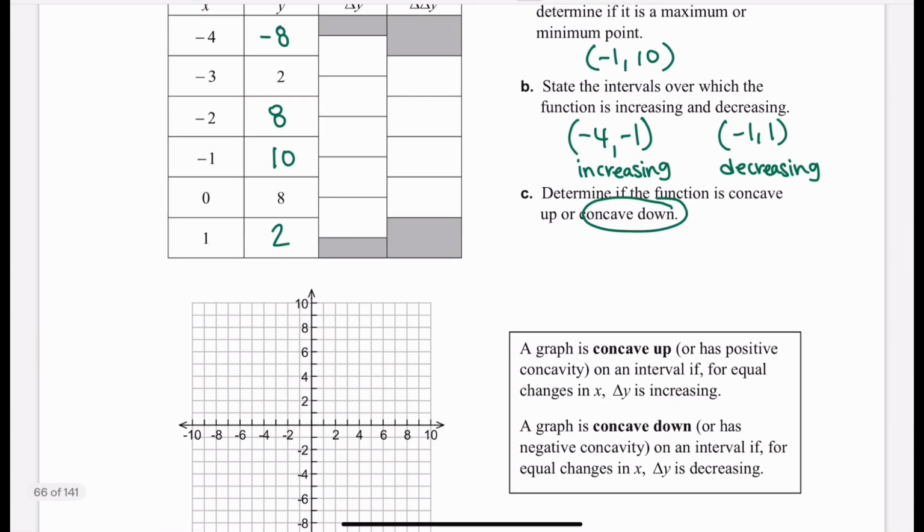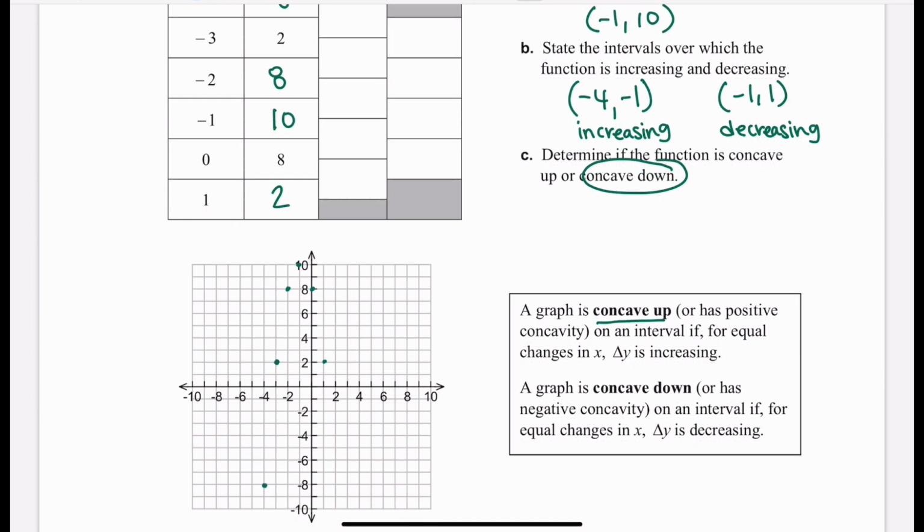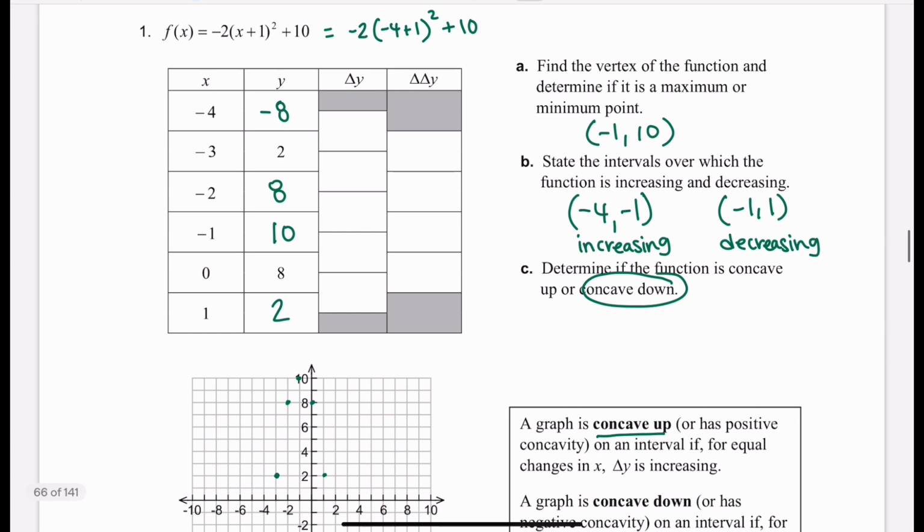We have -4, -8. The graph is concave up if for equal changes in x, delta y is increasing. So if I look at this delta y, this means I'm going to take each number and subtract. So I'm going to have 2 minus a -8. 2 minus a -8 is 2 plus 8, which is 10.